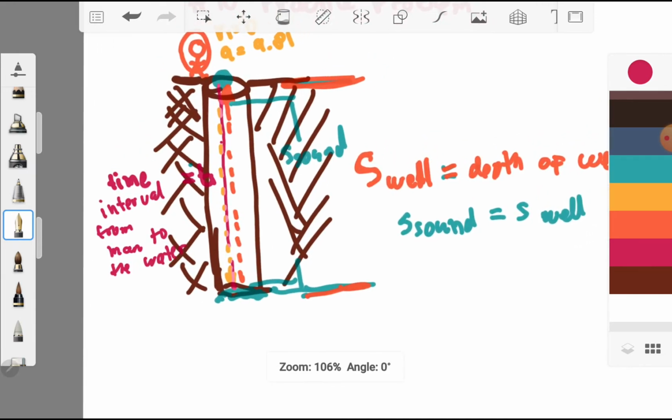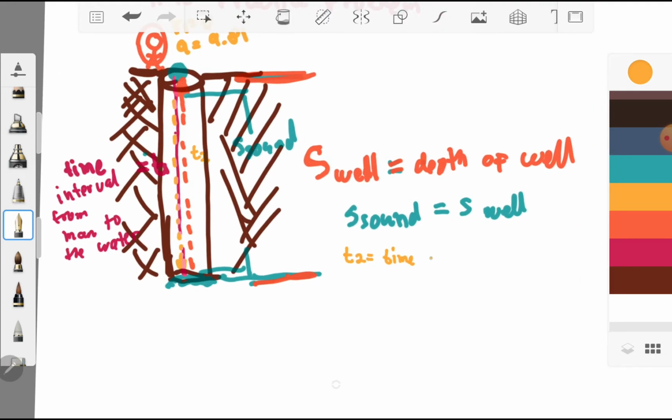And then, after that, we have T2. So take note that our T2 will be this time interval. So your T2 will be the time the sound travels from the water, or the splash of the water, to the man.